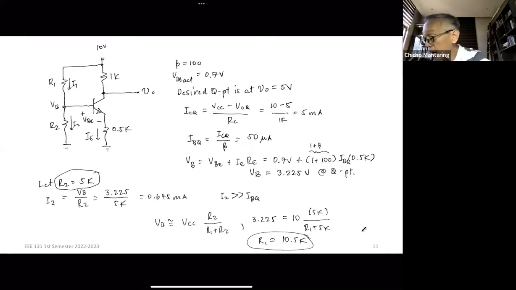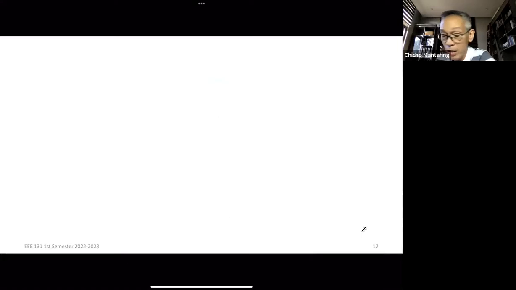Okay, we run out of time, but I want you to do an exercise. So now what does my circuit look like? I have 1K. I have 0.5K. I have 10.5K.